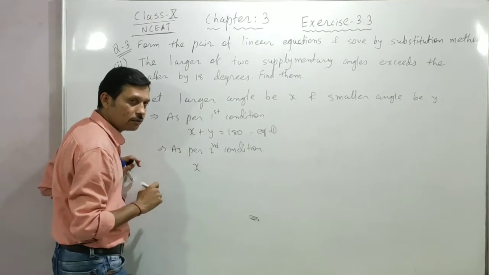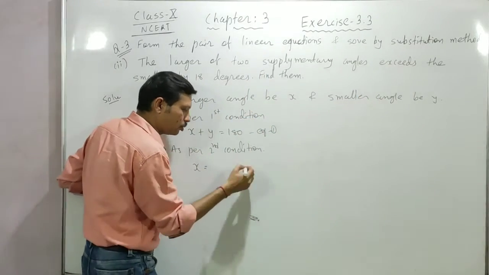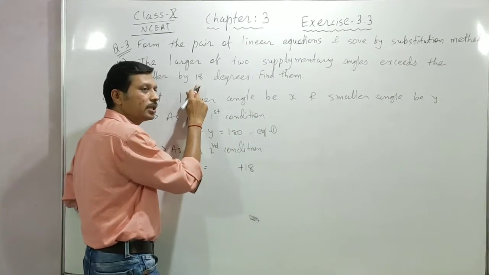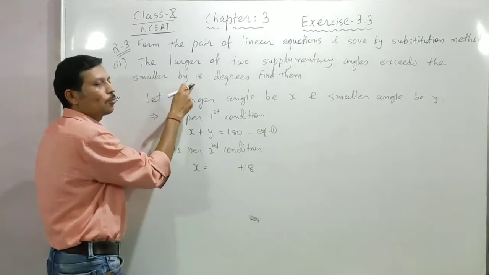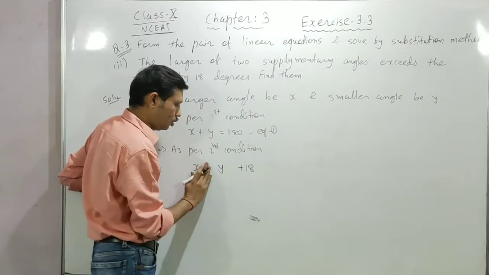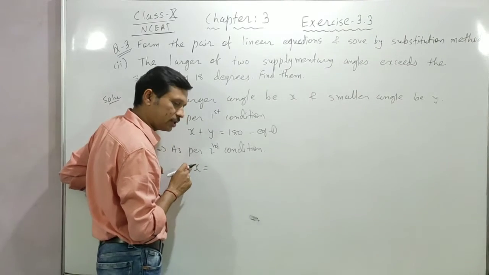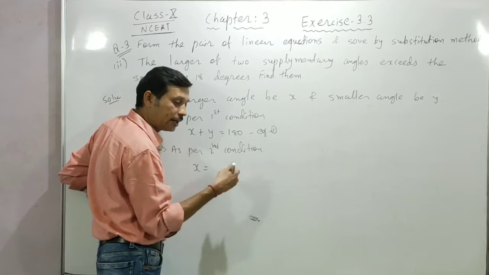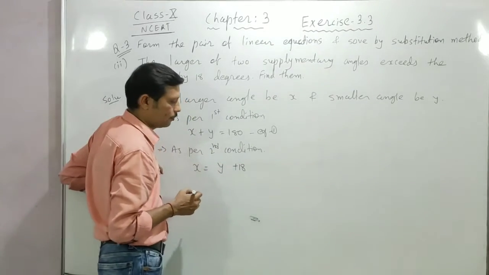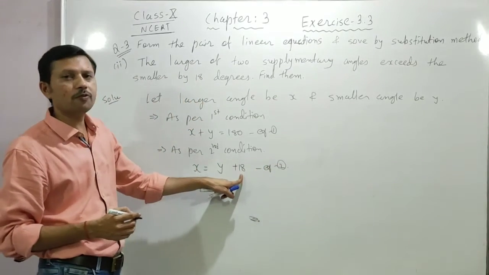The angle x is greater by 18 than the smaller angle. That's my equation number 2: x equals y plus 18. And it's a ready-made form of x.